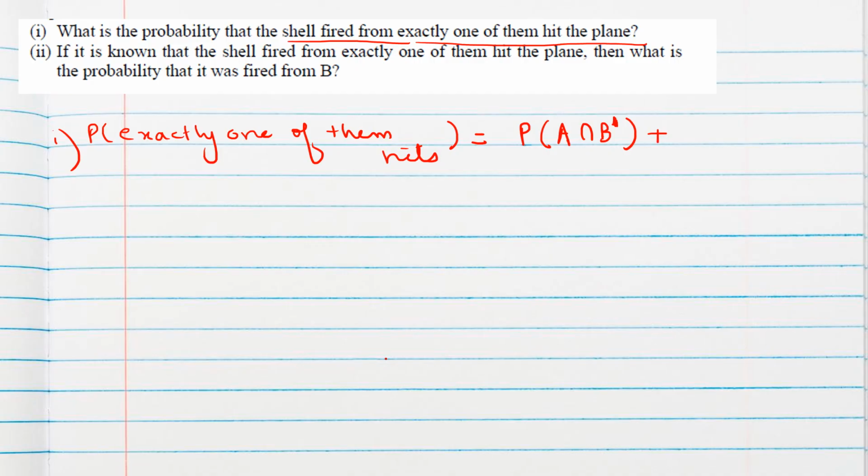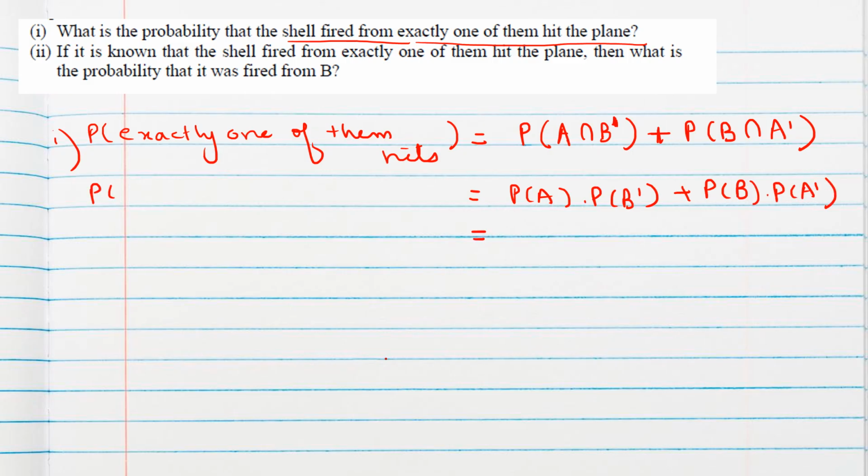Or probability of B but not A. Since they are independent events, we can write P of A into P of B complement plus P of B into P of A complement.